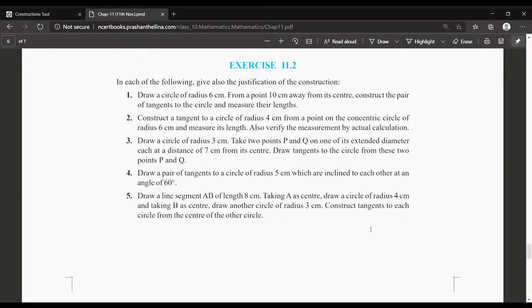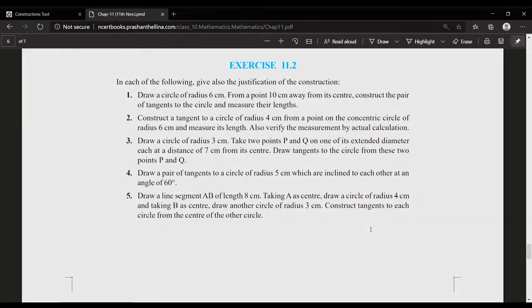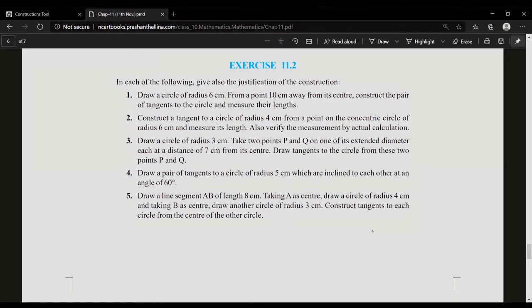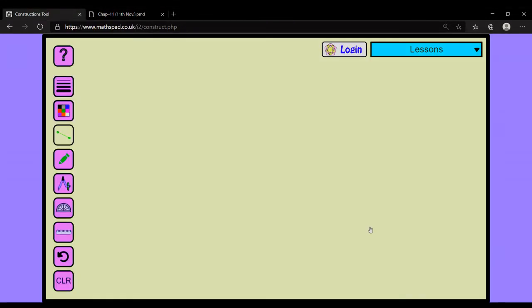Welcome back, 10th standard. The next question that we have to do is question number 3 from exercise 11.2. Let's just follow what the steps are as instructed in your question. Draw a circle of radius 3 centimeters. Let us first draw a circle of radius 3 centimeters.